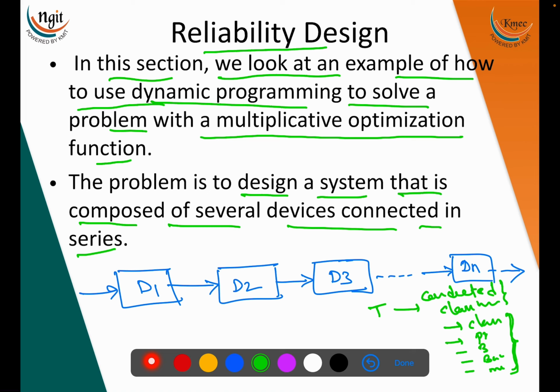Here the reliability matters. What is reliability? Each device has a reliability, that is, the classroom, projector, board. Each device has a reliability. Reliability is the probability of working well.